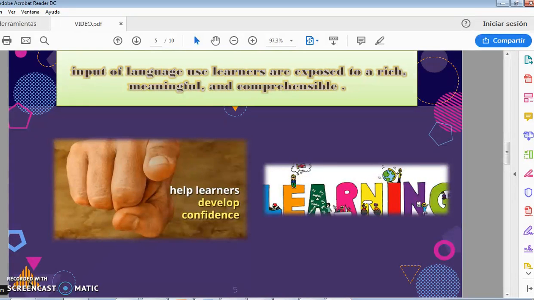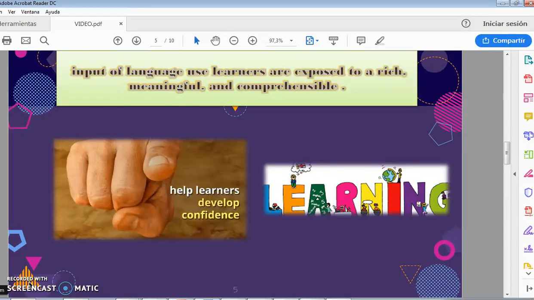I think that the principal approaches are to learn many things which are applicable to learners everywhere, regardless of their level, activities and context of learning, and the learners are exposed to rich, meaningful, and comprehensible language in use.